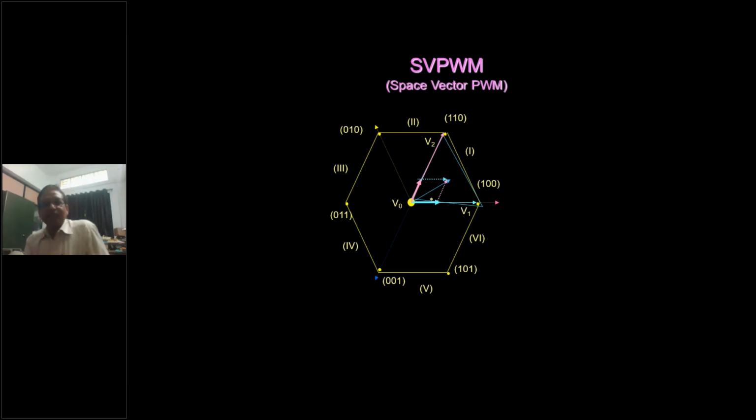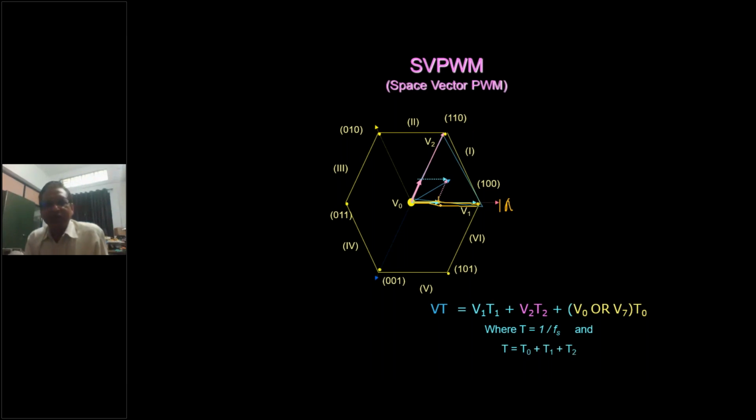So see, this is my resultant vector. Instead of this complete vector, suppose for example this is 100 volt, and I want 40 volt. So I will use a duty cycle. How? 100 volt, time period is 1 millisecond.